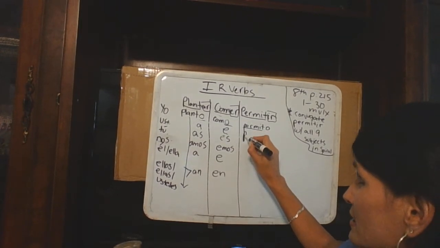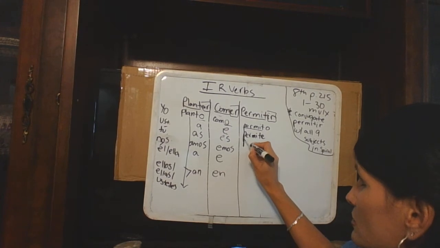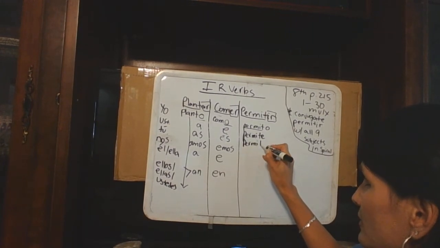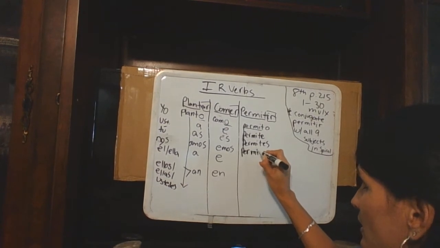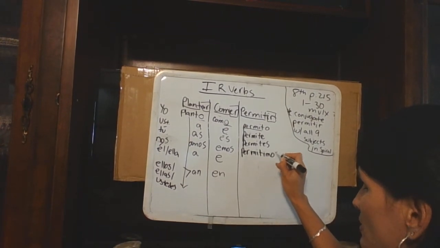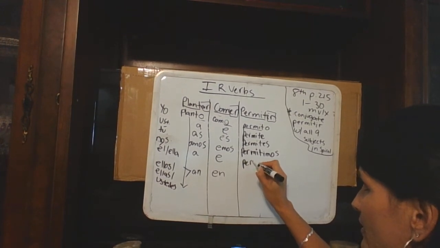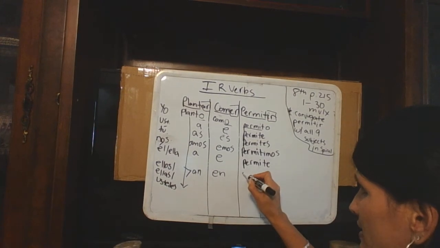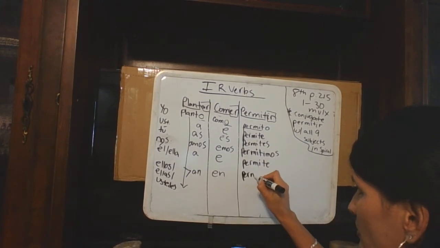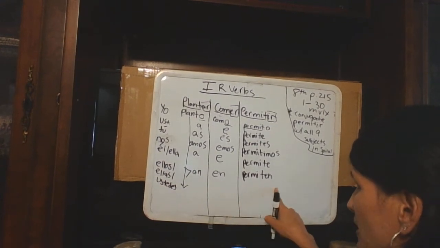So usted permite, tú permites, nosotros permitimos, él, ella permite, it's singular, just like this one. And then the plural is permiten. Ellos, ellas, ustedes permiten.